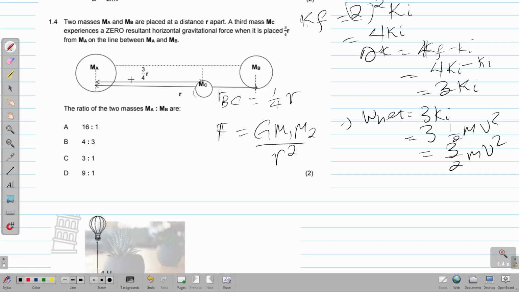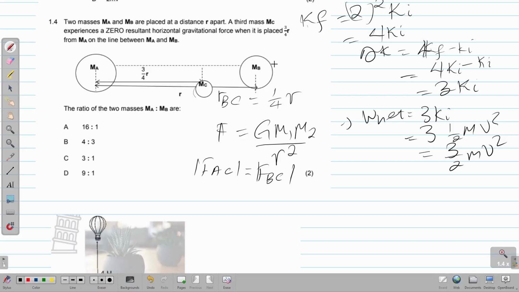So in order for the magnitude of the force that A exerts on C to be equal to the magnitude of the force that B exerts on C, the distance would reduce this force by 9, and in order for these forces to be the same, the mass must counteract that.